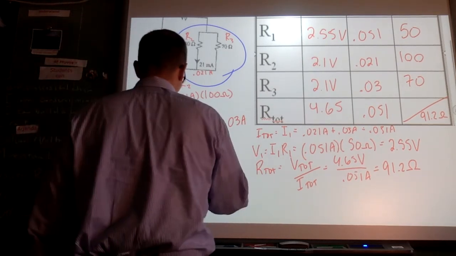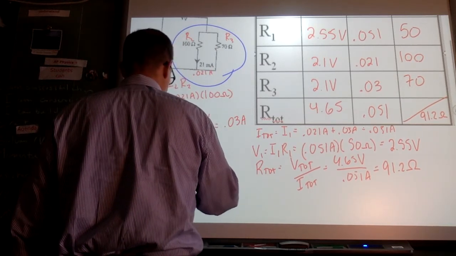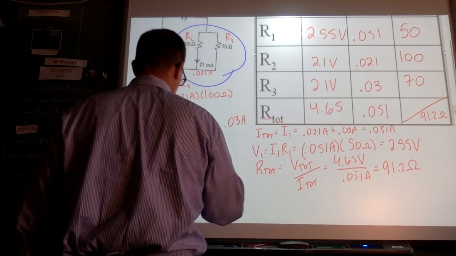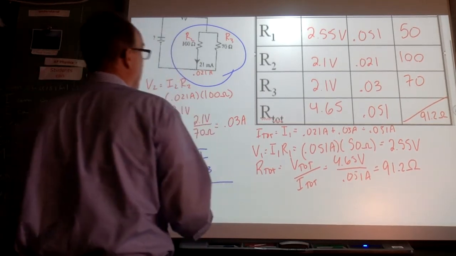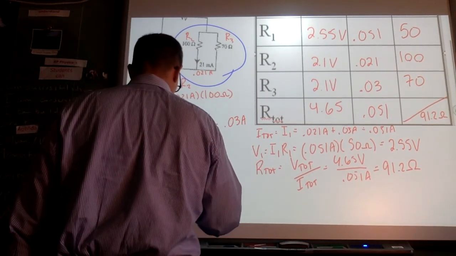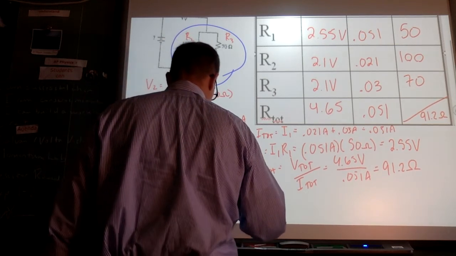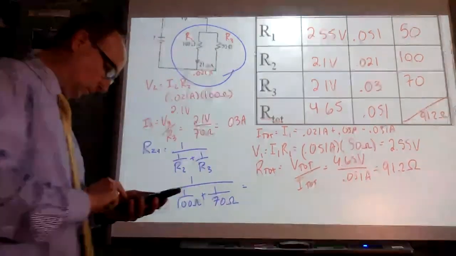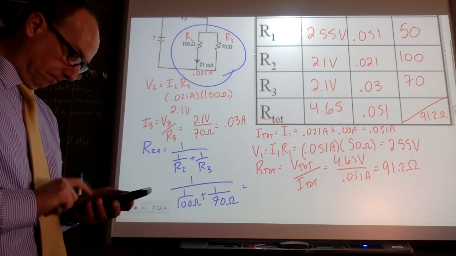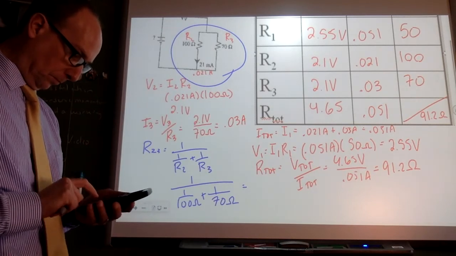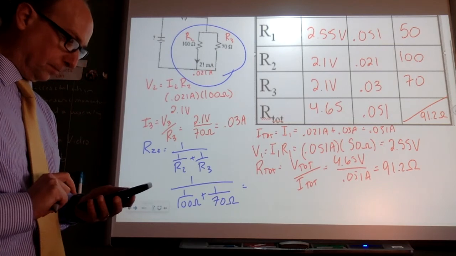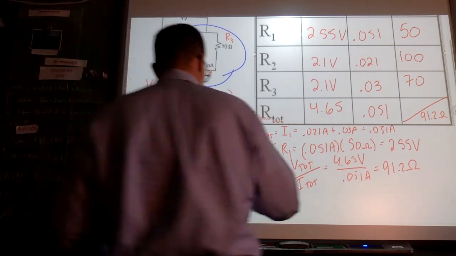And that's going to be 1 over R2 plus 1 over R3. R2 is going to be 100. R3 is going to be 70. I got 41.2.